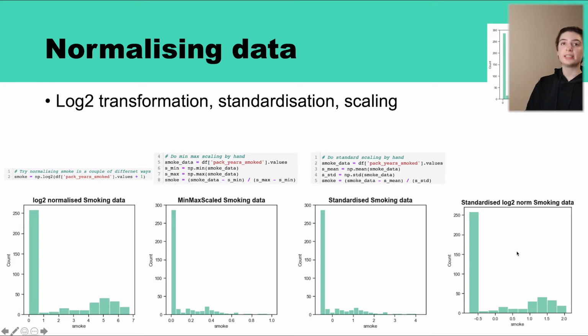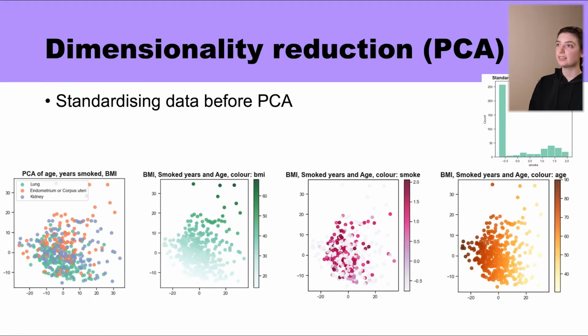So I'll just show you exactly what the effects of each of these are if you perform them prior to performing principal component analysis. If we standardize our data before performing PCA, rather than having BMI not be captured by our principal components, now we find that BMI is essentially our PC2.